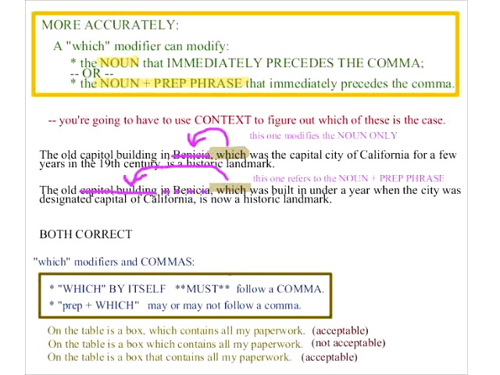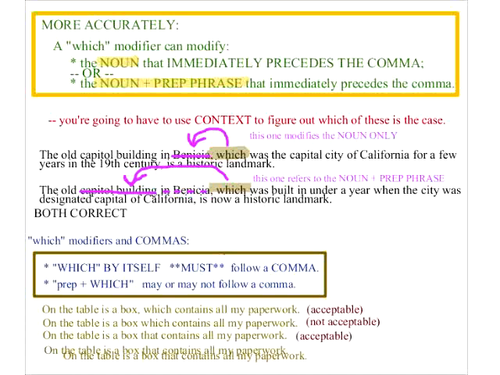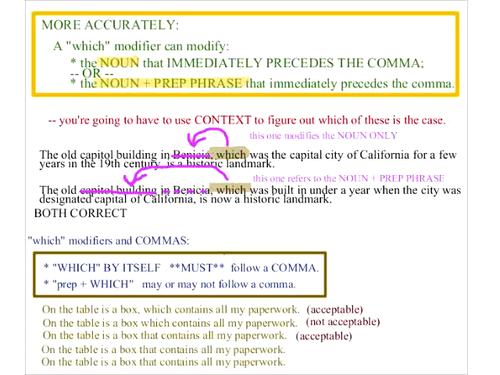On the other hand, if you have a preposition preceding which, if your modifier is in which or of which or at which or according to which, then either way is fine. Let me do this more efficiently. Let's copy and paste. We're going to make some small mods to these. On the table is a box in which I keep all my paperwork. On the table is a box, comma, in which I keep all my paperwork.